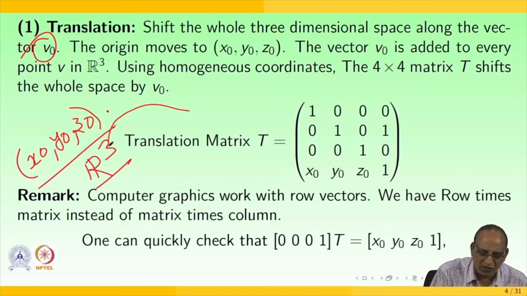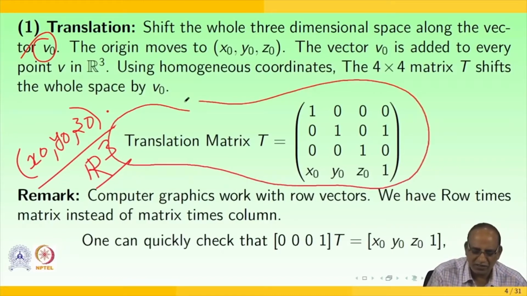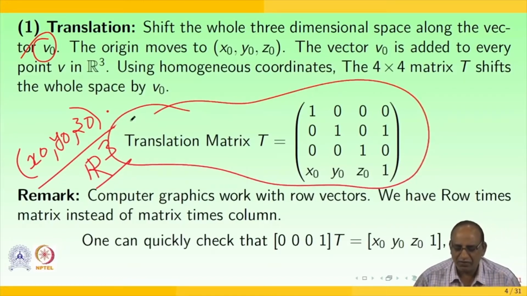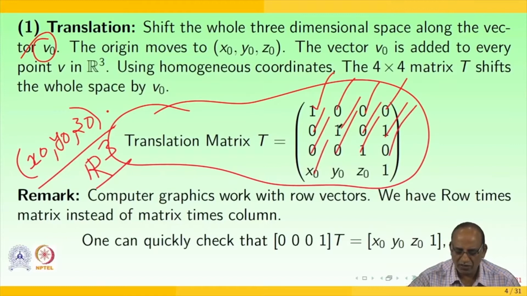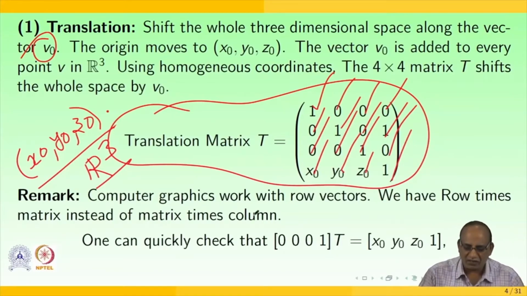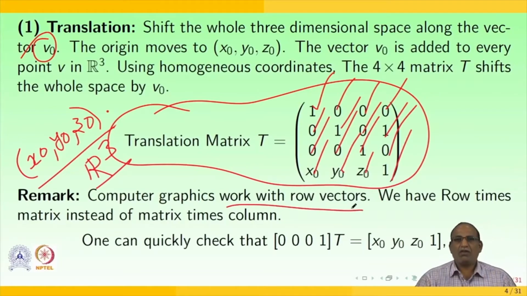So the translation matrix T is: 1, 0, 0, 0; 0, 1, 0, 0; 0, 0, 1, 0; x0, y0, z0, 1. Remark: computer graphics work with row vectors. We have row times matrix instead of matrix times column.